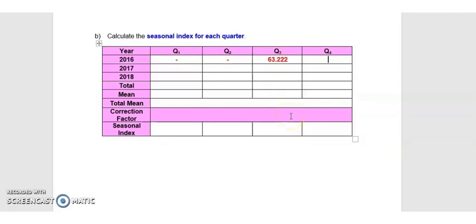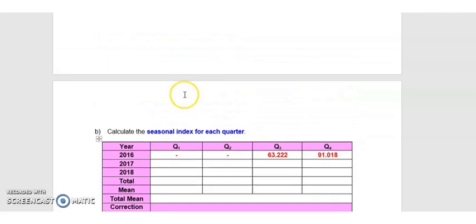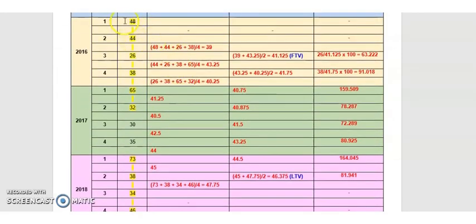So here is 91.018. So remember, make sure from the first step here, you key in or copy the data correctly. Once you key in one value incorrectly, it will affect the whole calculation. So be careful.